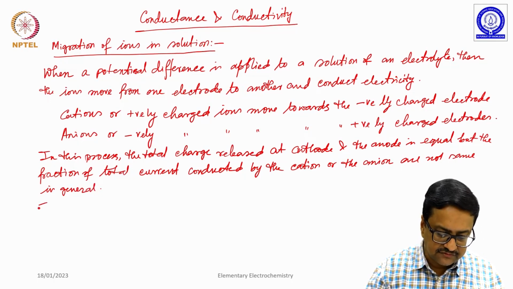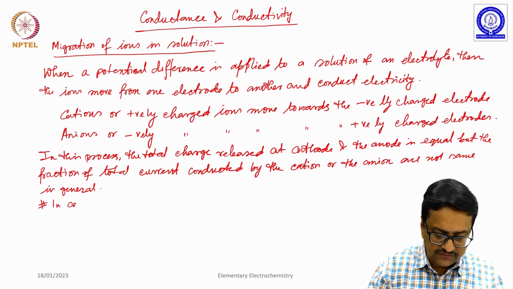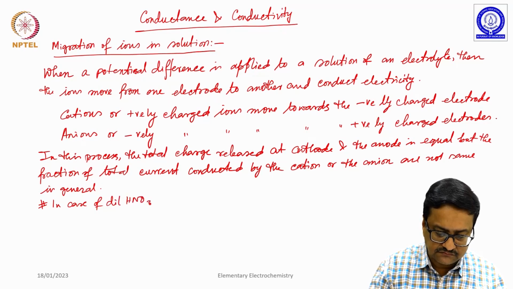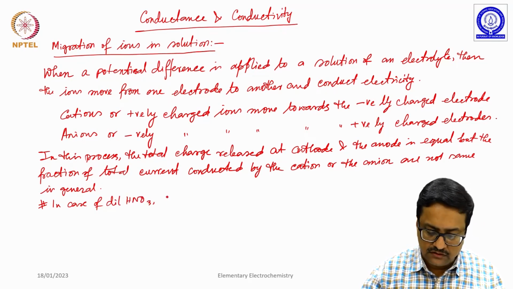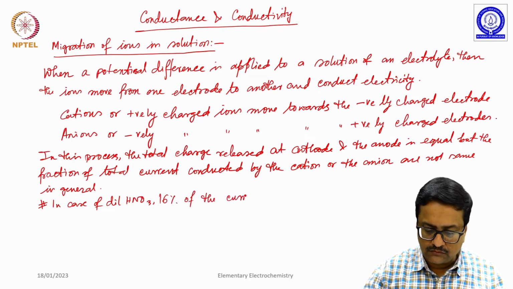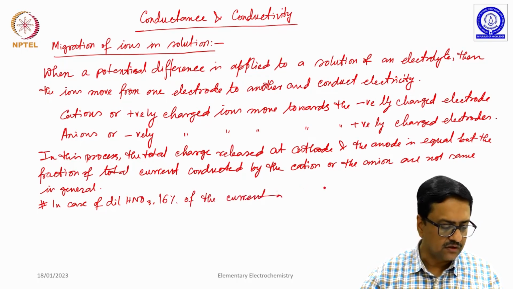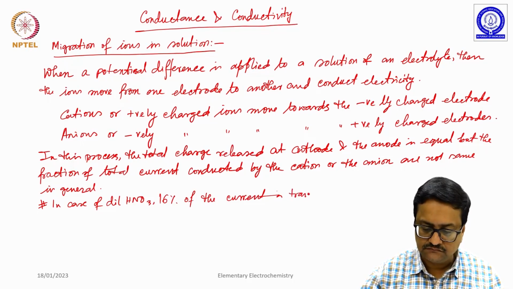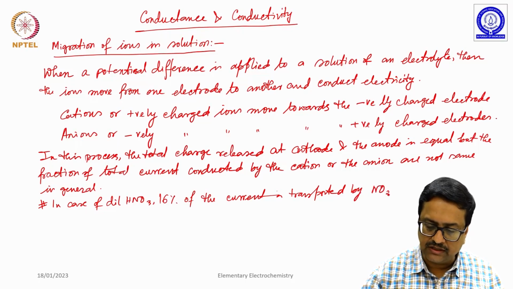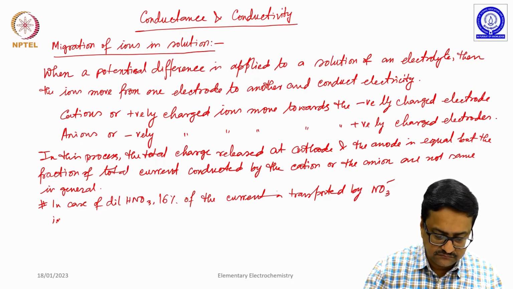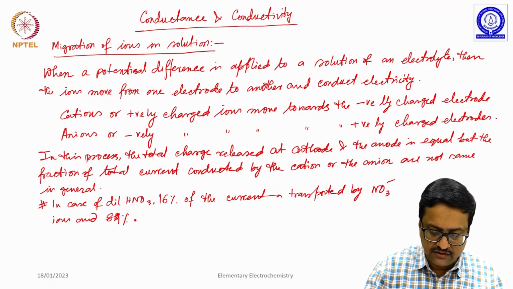What is observed is, in case of dilute nitric acid, 16% of the current is transported by NO3 minus ions and 84% is by H plus ions.